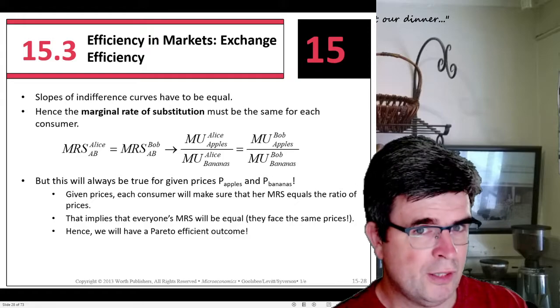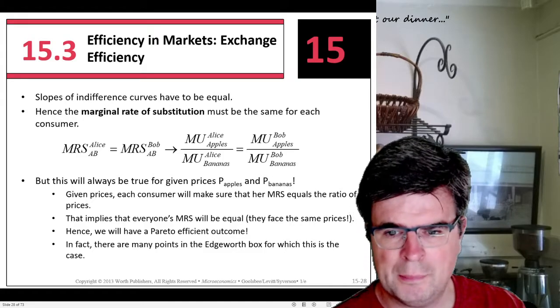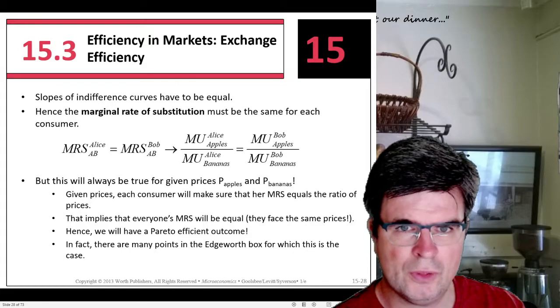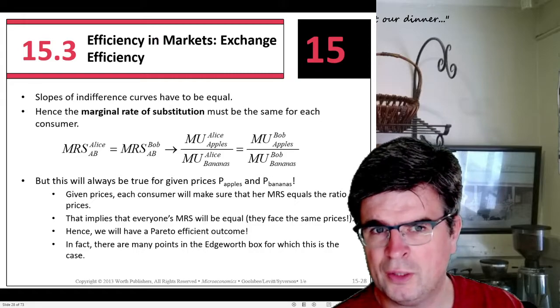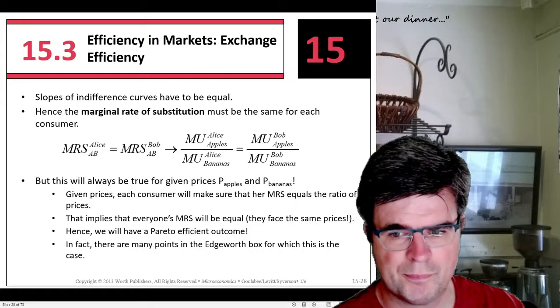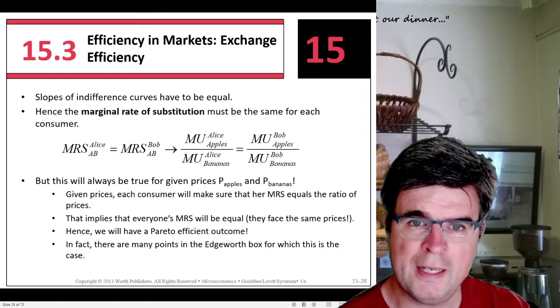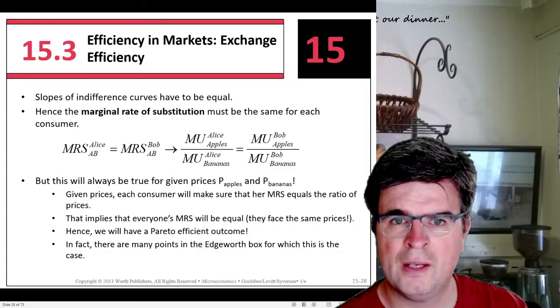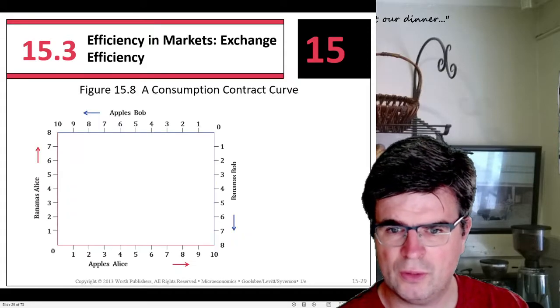So can we cheer, relax, and really be happy about market outcomes? No, not really, because the efficient outcome is not unique. There's more than one efficient outcome. So there are many points in this Edgeworth box, many dots, many allocations that are Pareto efficient.